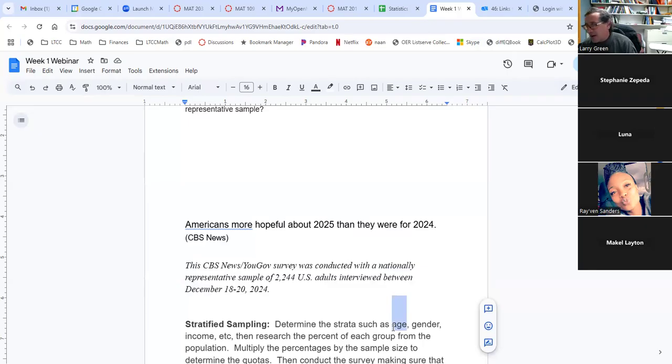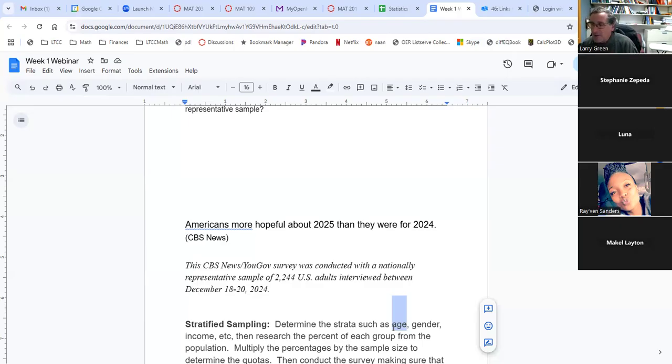You want to make sure that you have a nationally representative group of people who answer your survey question based on age. And the way you would do that is you would look up the percentage of each age group, and you can, I don't know, you can do like the boomers and the Gen X and the Gen Y and the Gen Z, and you can say what percentage of the population of America is of each of those age groups.